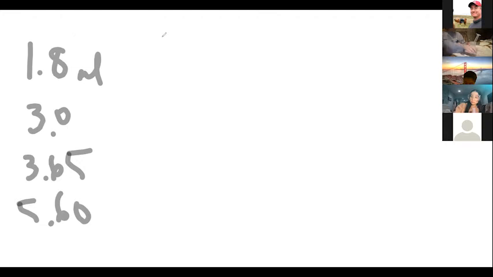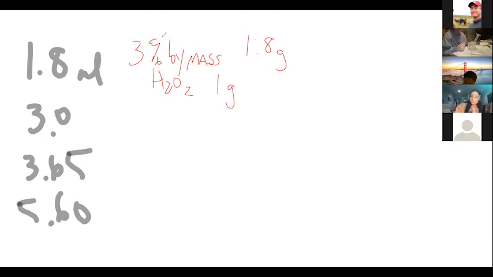So we know that it's 3% by mass H2O2. So we're going to assume that in my 1.8 mils of hydrogen peroxide, I also have 1.8 grams, because the density of water, as we all know, is 1 gram per ml.